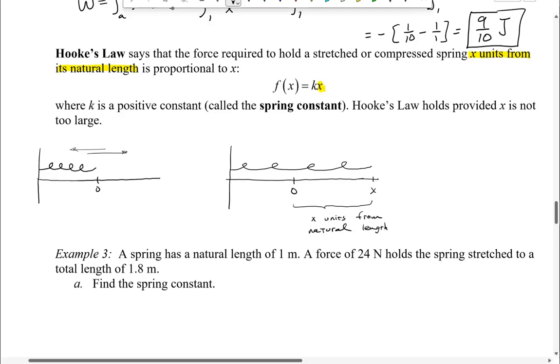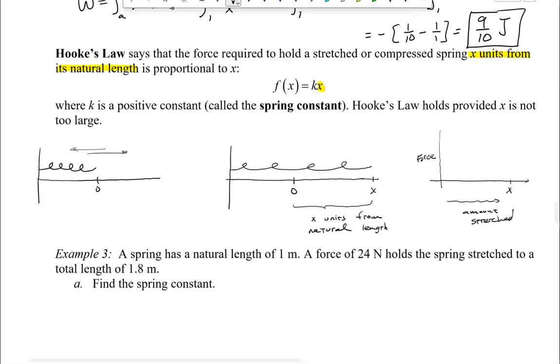And basically what Hooke's law gives us is that if we've got our x along the horizontal axis, so this is the amount stretched or compressed, and the force is on the vertical axis, then to stretch this a certain distance x, the force done to hold that out there is going to be kx.